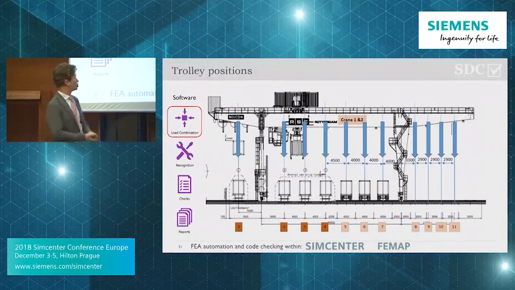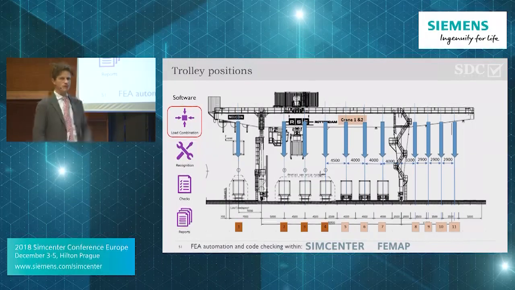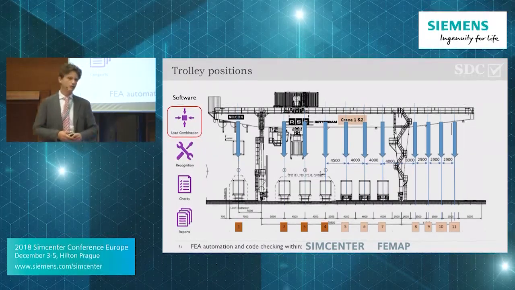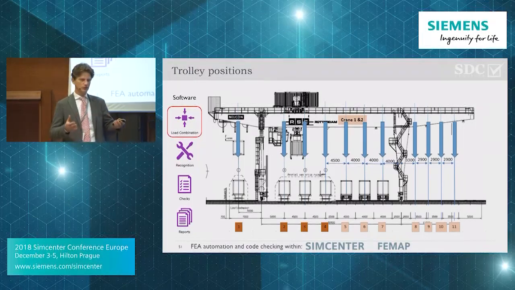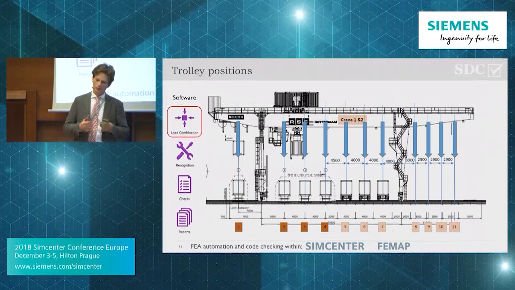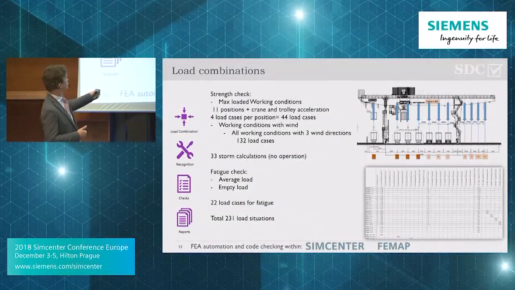So we first have all the trolley positions. So we have load positions. The client defined 11 locations where you can pick or drop a load. And that is a good starting point, not only for the strength check, but also for fatigue analysis. So the first thing is, okay, we have 11 positions.